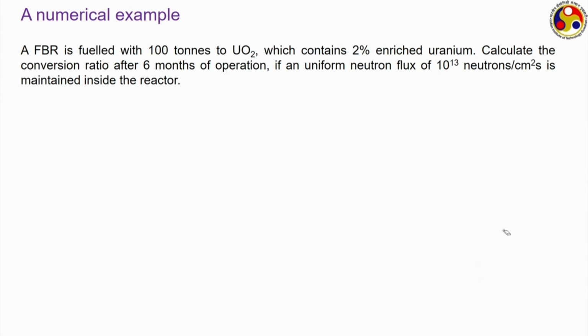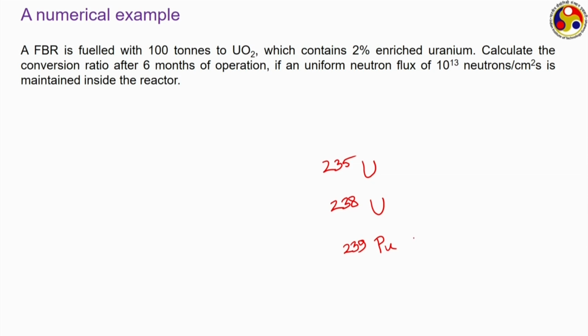Of course, when we are starting, we are having U-235 and U-238. U-235 will go for fission reaction, thereby producing the fission fragments, and U-238 will participate in the breeding reaction. So, as time goes on, we shall also be having Pu-239 produced inside the reactor.